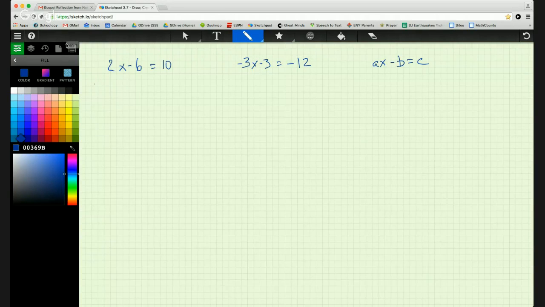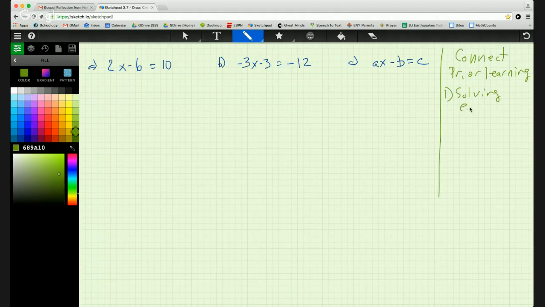We solve. This is A, B, and C. And the whole idea here is rearranging formulas. What we're going to do is connect our prior learning, solving equations, to rearranging formulas.